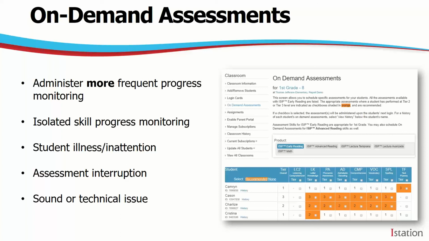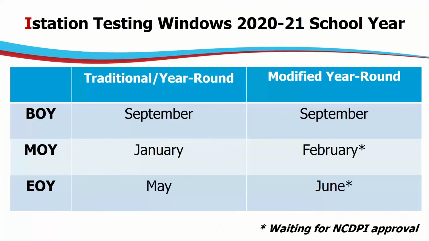I look at my data, I find the area of need, I pull some intervention resources, I provide those resources, and I go back in and I just want to hone in on that specific area that I've intervened in. So I target that skill, and I go in and provide a quick probe of that specific skill, so I can capture data to see, did that intervention work? So really, it's that fourth piece of the problem solving. Did it work? So that's one way you can use the progress monitoring, or the additional on-demand piece.